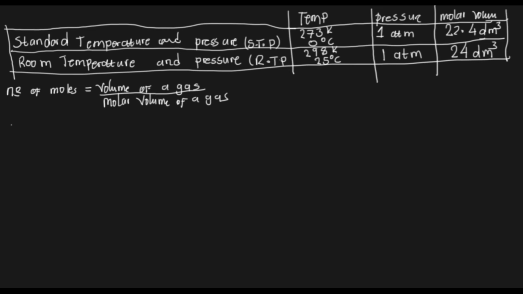Okay, so the symbol for number of moles is small letter n. Volume of a gas is V over molar volume.